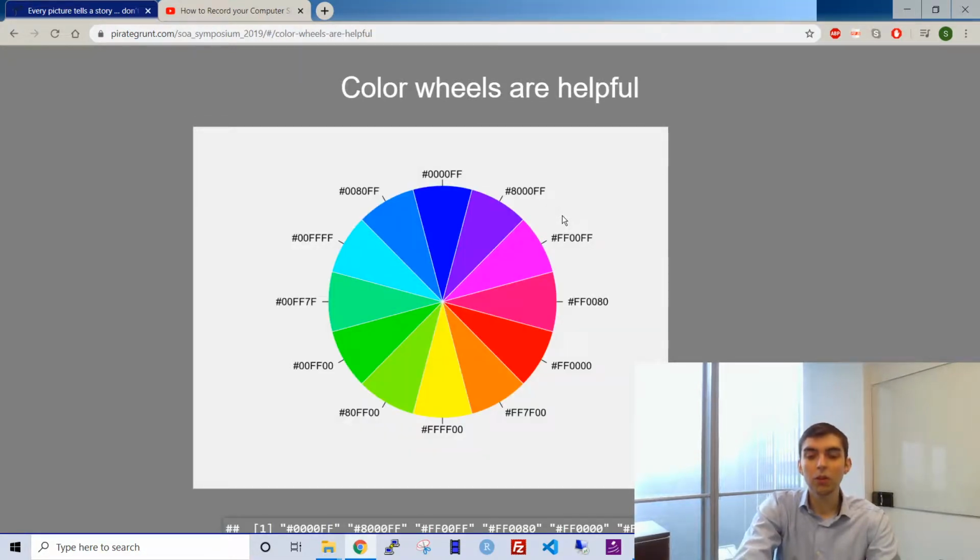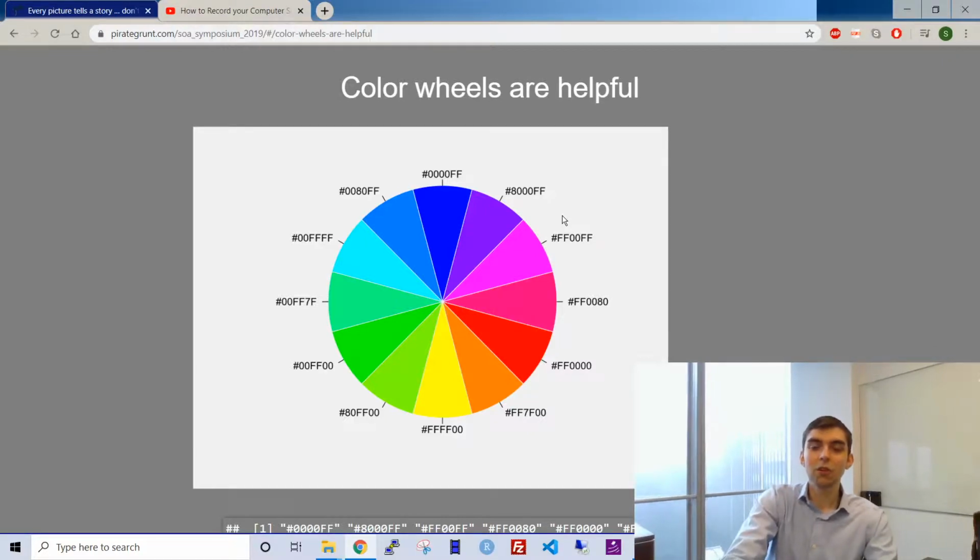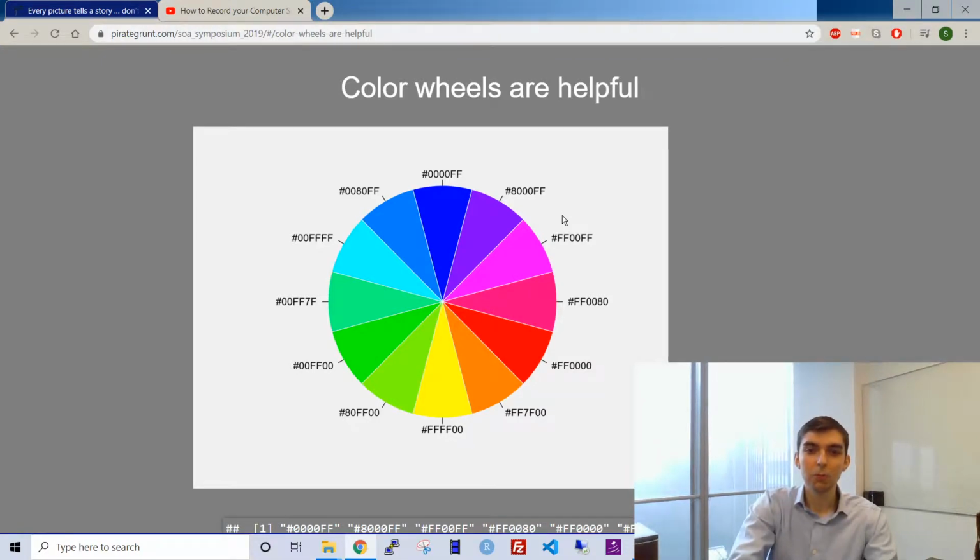When it comes to colors, there is an exact science to choosing the colors for your graphs. One tool that I use is a color wheel. The best colors are complementary to each other. If I have a graph where I need to use two different color values, choose values which are opposite from each other on the color wheel.